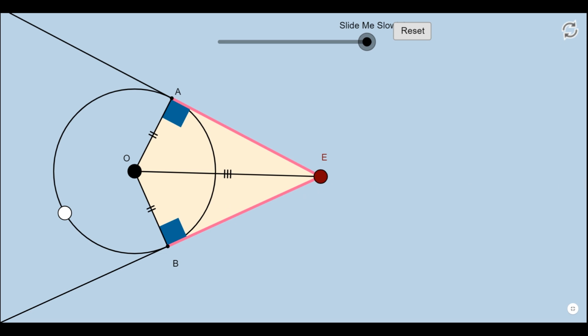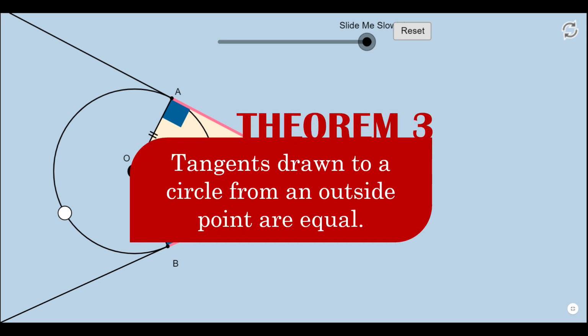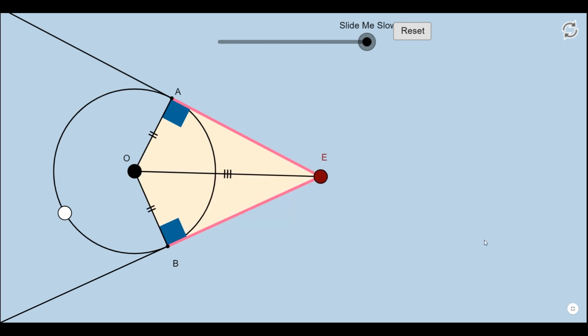That leads us to the third theorem, which states that tangents drawn to a circle from an outside point are equal. So in this case, AE and BE are equal. Those three are the theorems that we're going to consider when it comes to tangents.